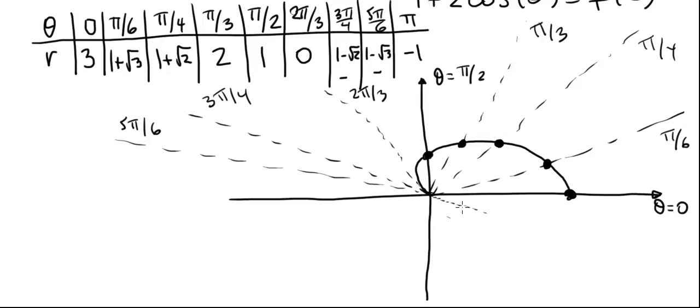And 1 minus square root of 2 is a fairly small number, but it's somewhere over here. And then at 5 pi over 6 we have a negative number as well, so it will be on the opposite side again, which let's say would be over here.